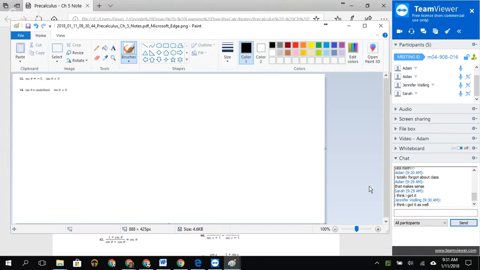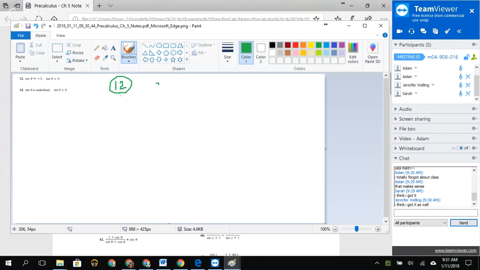All right, so let's do number 12. Number 12 says the secant of theta equals -3 and the tangent of theta is less than 0. All right, so let's figure out what that means.